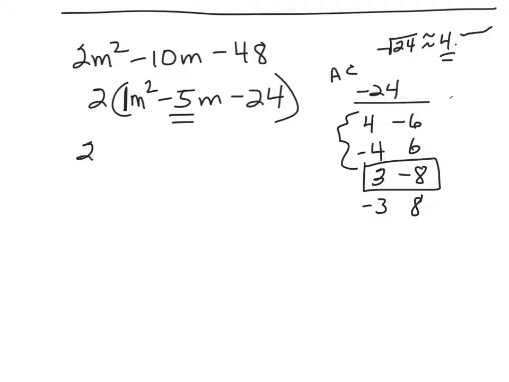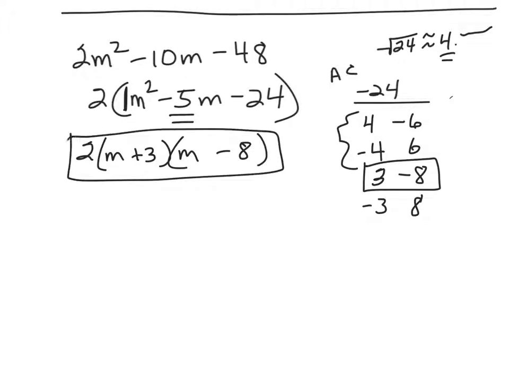So then how's it going to factor? We're going to go m and m, plus 3 and minus 8. So there's our first one. 2m squared minus 10m minus 48 factors as 2 times the quantity m plus 3 times the quantity m minus 8.